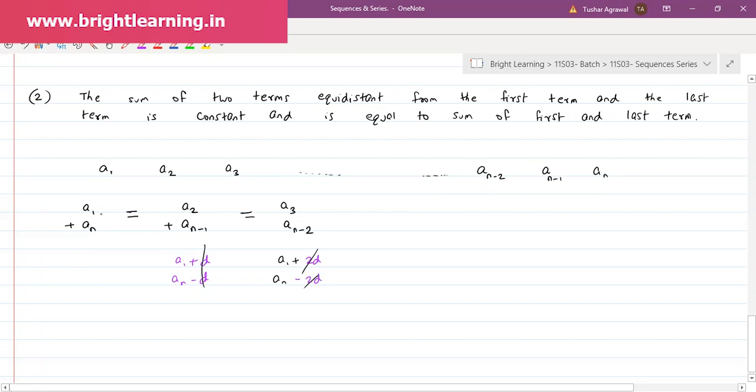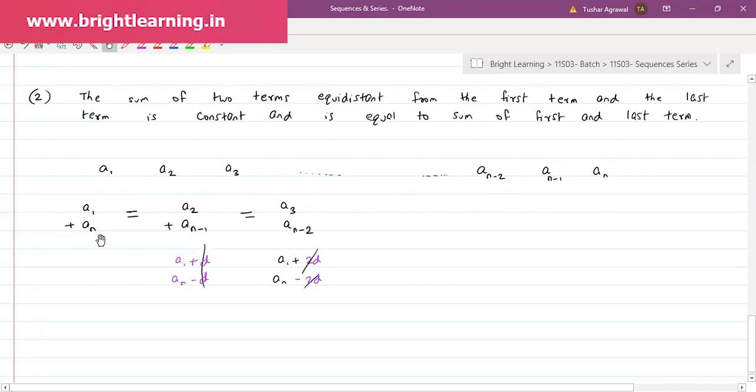So take the first term and the last term, and the sum of two terms equidistant from them. If you go two steps ahead, you reach the third term; two steps backwards from the last term, and you add them. The pairwise addition result is the same for all of them.